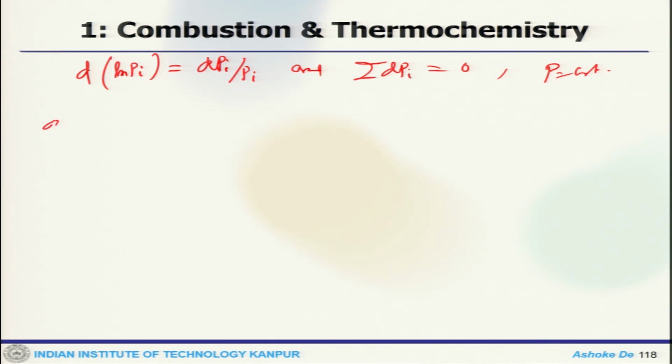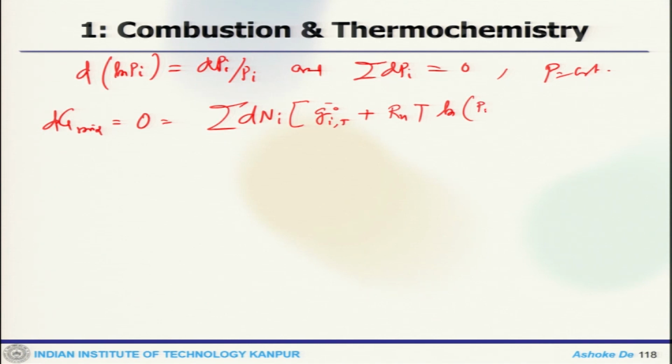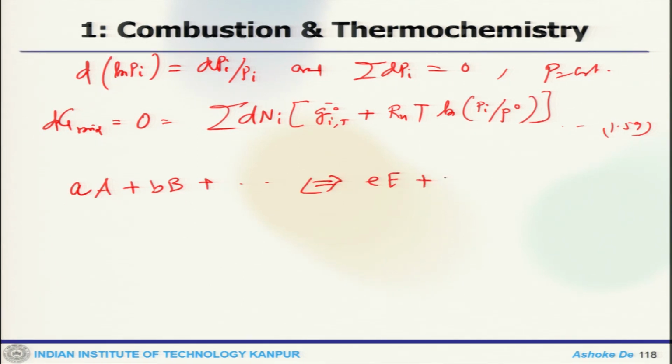So then we get dG_mix equals 0, which equals the summation of dN_i [G_i naught plus Ru T ln(P_i/P naught)], which is 1.59.